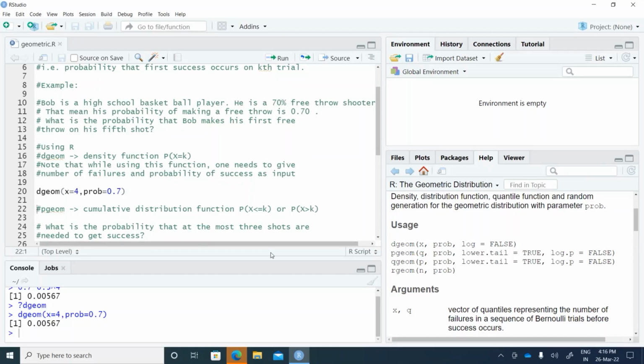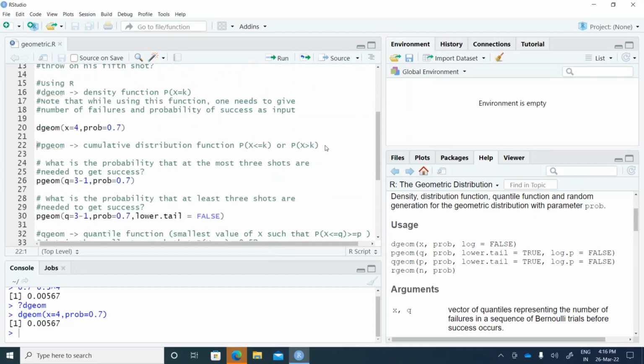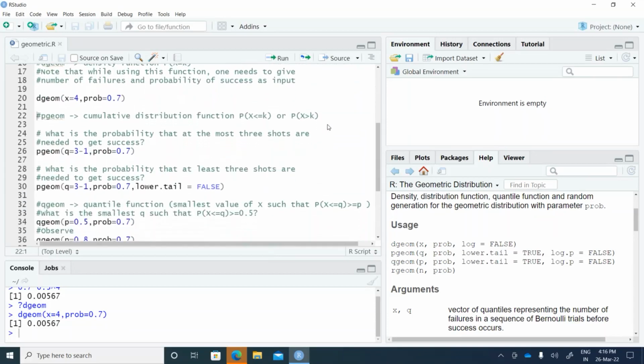So let us check it out with the help of examples. What is the probability that at most 3 shots are needed to get the success? That means we are trying to find the probability of x less than or equal to 3.